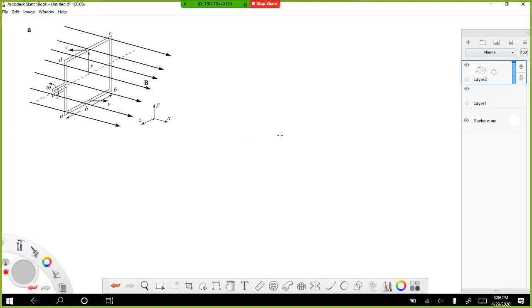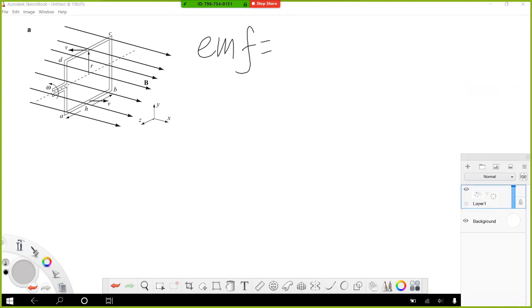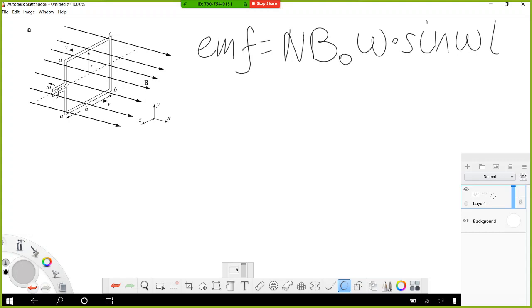Last time we discussed this situation, and the final electromotive force that we derived was equal to the number of turns in our coil or loop, multiplied by B0, the magnetic flux density, multiplied by omega, which is the rotational speed of our contour, and multiplied by sine omega t.